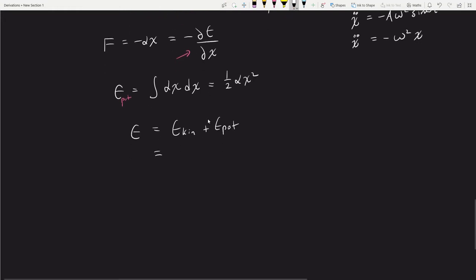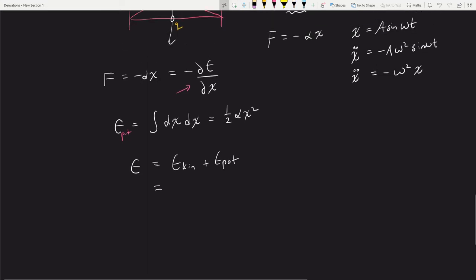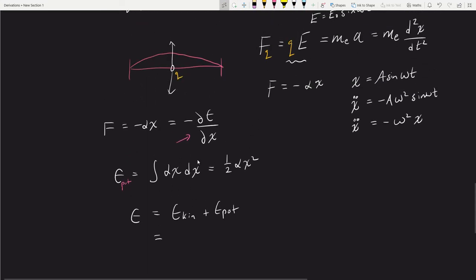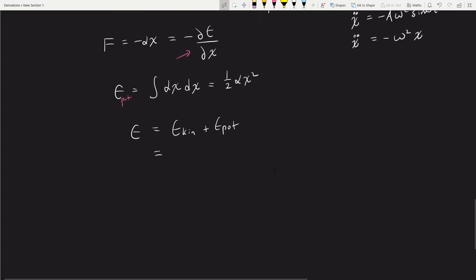And remember, we're still in the Newtonian world where we're saying this particle has mass. It's mass, and it's moving up and down, oscillating up and down. Very Newtonian system. The field is an electric field potential, but nonetheless, it's still Newtonian. So we have 1/2 mv squared plus 1/2 alpha x squared.